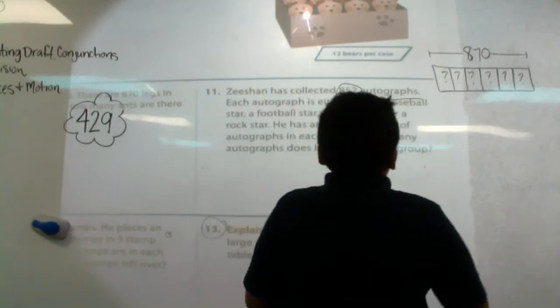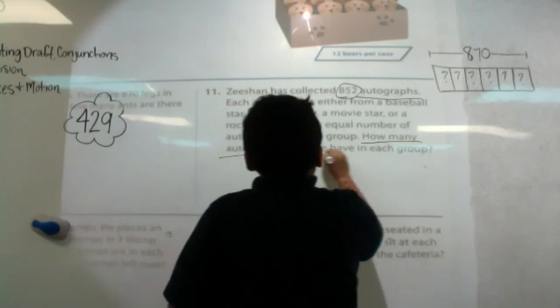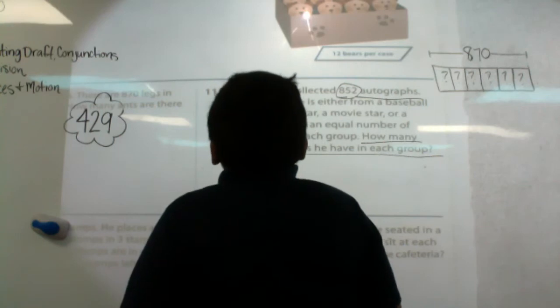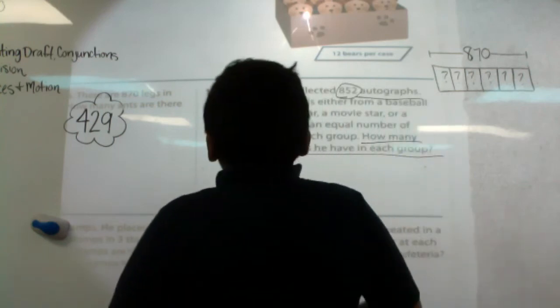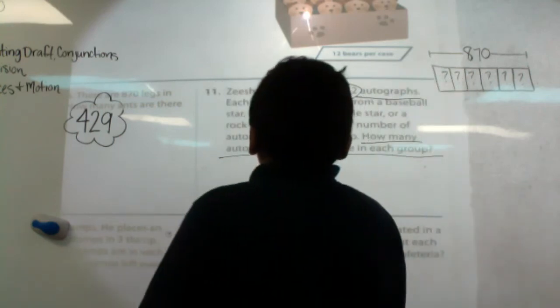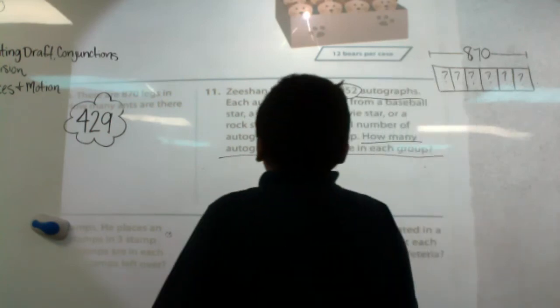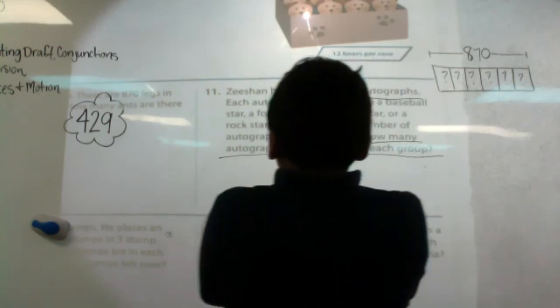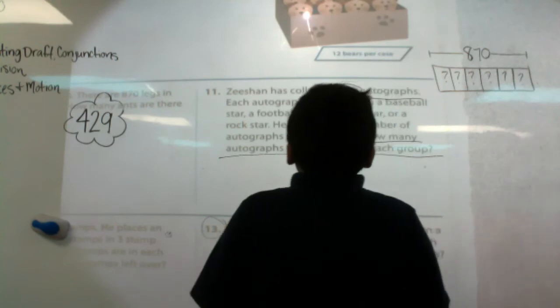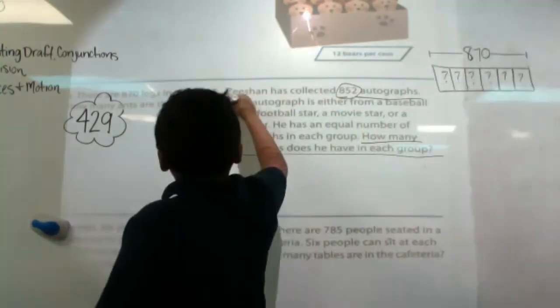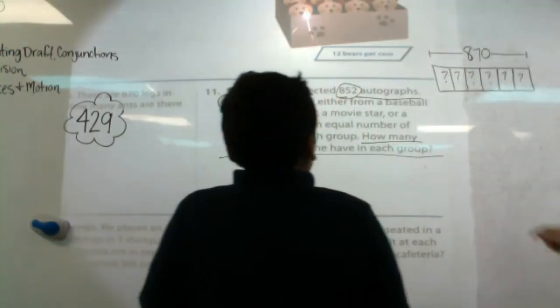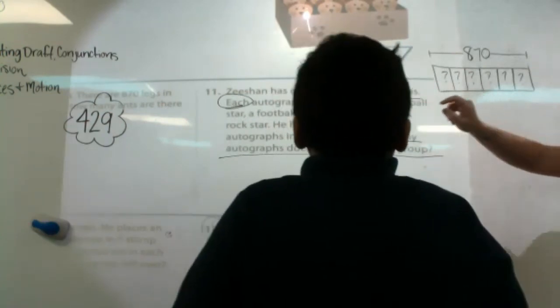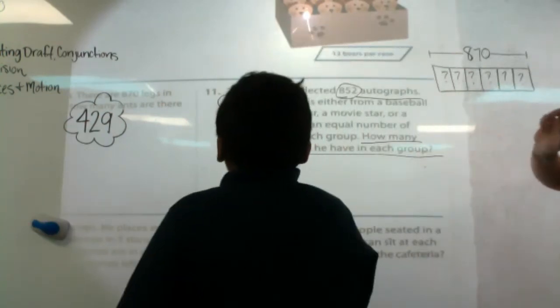How many autographs does he have? I would circle that word each. For each autograph is either from, you've got baseball star, football star, movie star, or rock star.